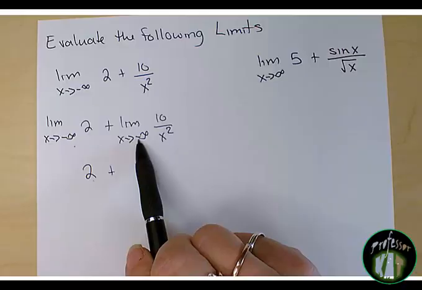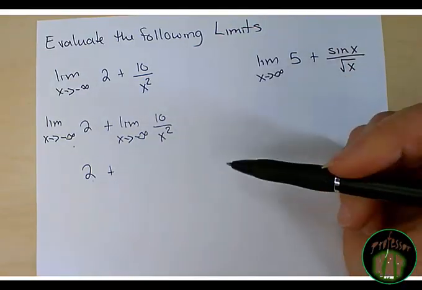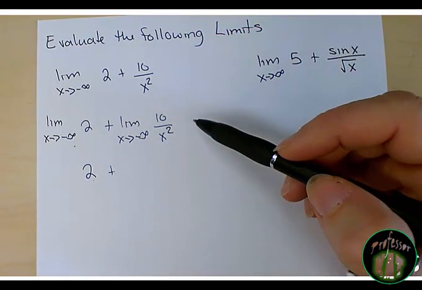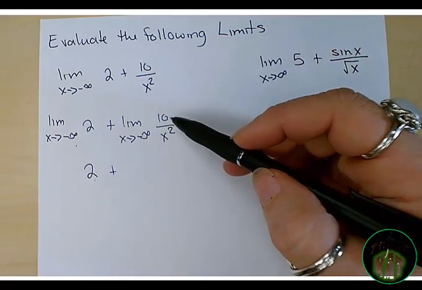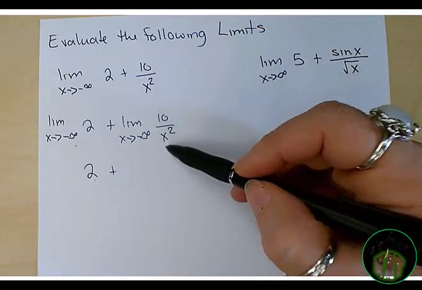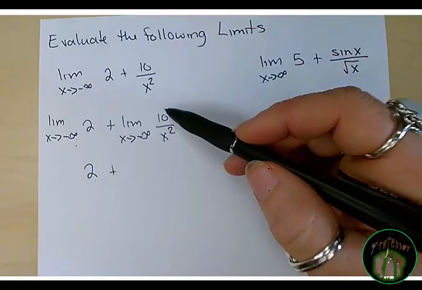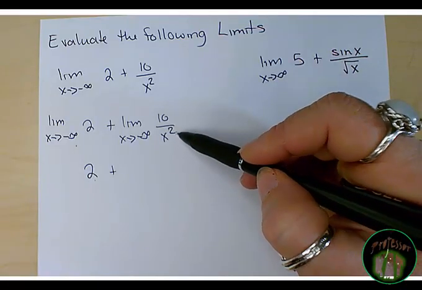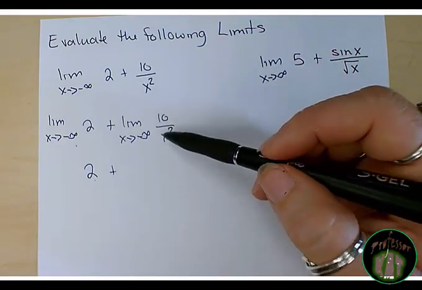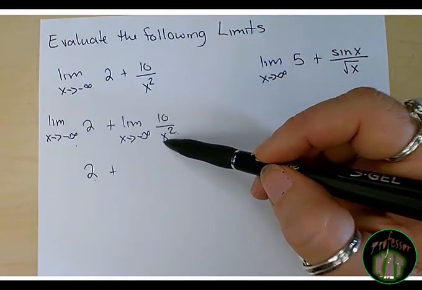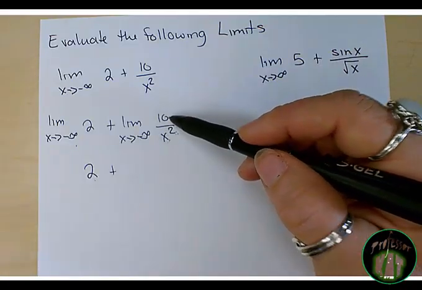Plus the limit as x goes to negative infinity of this rational function. What we need to remember about limits of rational functions is that if your denominator degree is higher than your numerator degree, that means your denominator is going to get much larger so much sooner than your numerator.